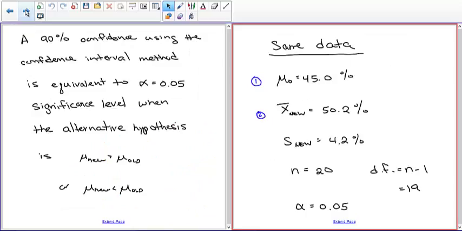Okay, so here's the method. I have the same initial population mean, sample mean, and sample standard deviation. Still 20 samples, 19 degrees of freedom. Instead of 90% confidence, we're using alpha equal to 0.05.